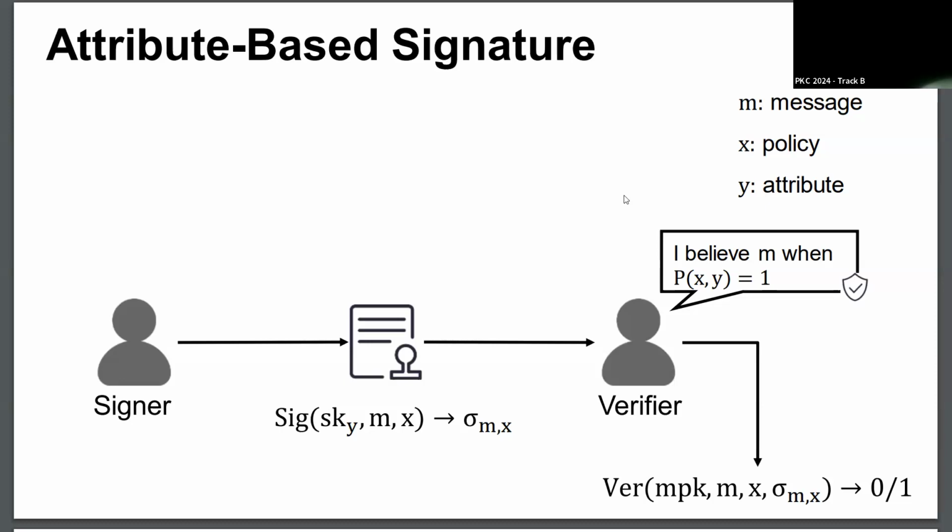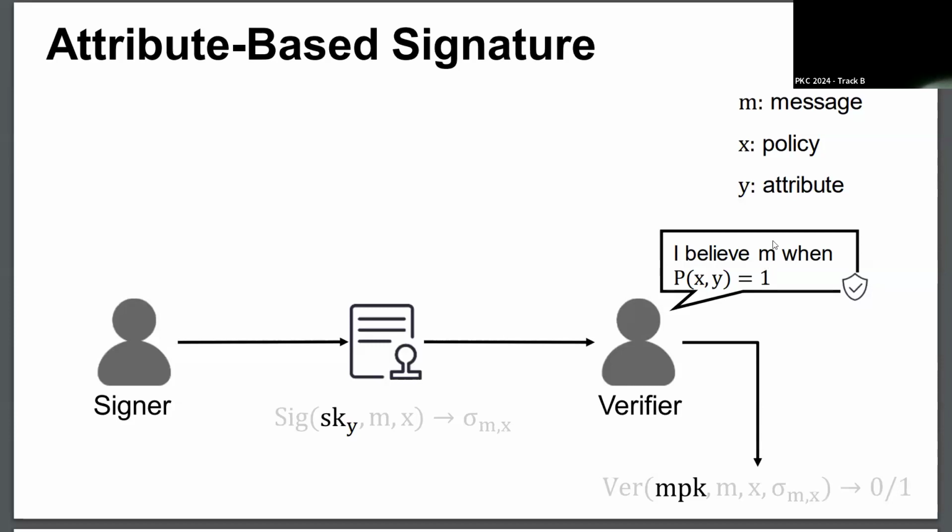The verifier will proceed with the verification procedure, and he will accept this message M only when P(X,Y) equals 1, I mean, the attribute matches the policy. This procedure is completed using the master public key MPK.